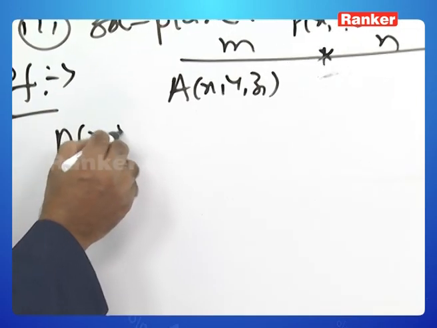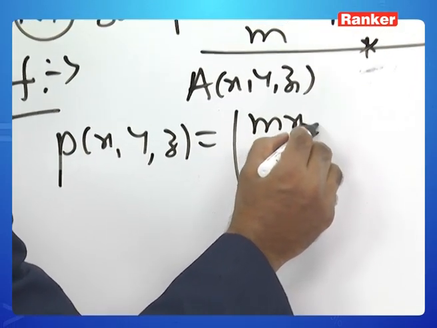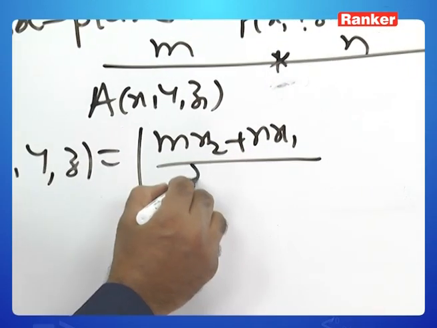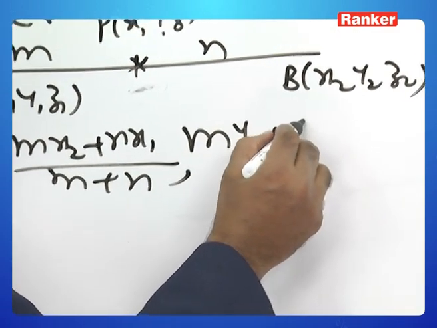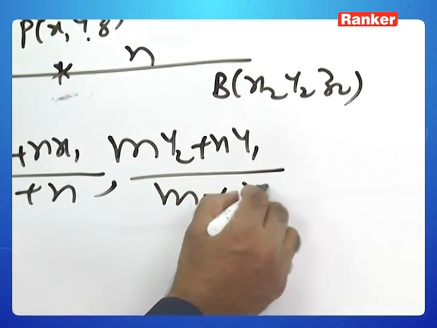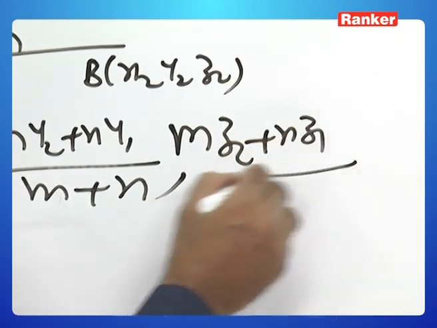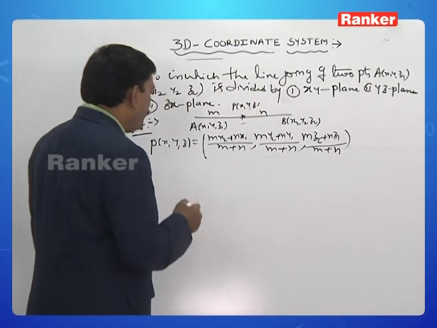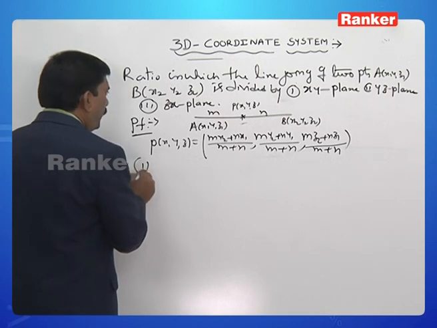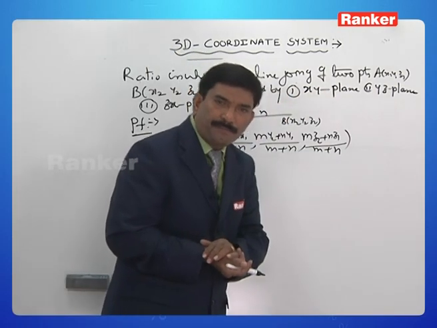P of x, y, z is equal to (mx2 plus nx1) by (m plus n), (my2 plus ny1) by (m plus n), (mz2 plus nz1) by (m plus n). First of all, I want to find out the ratio in which the xy plane divides.